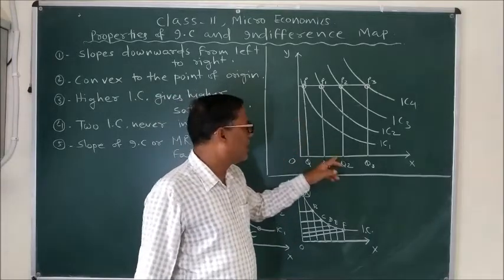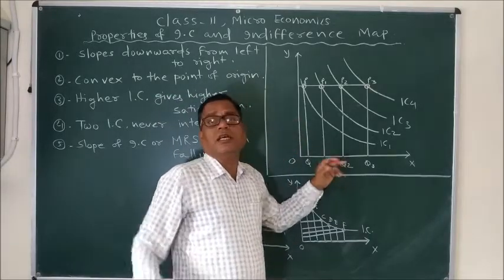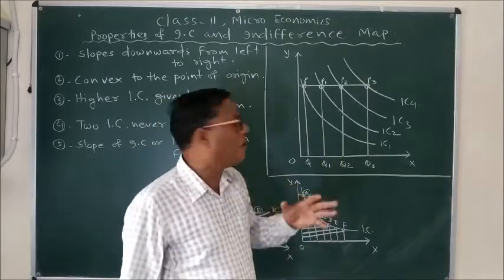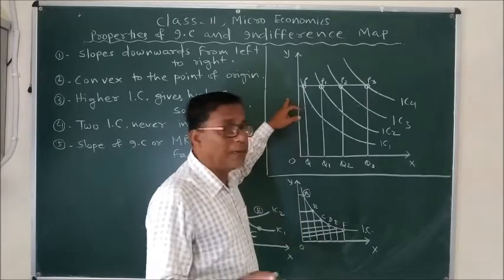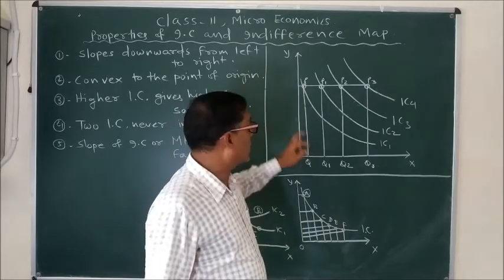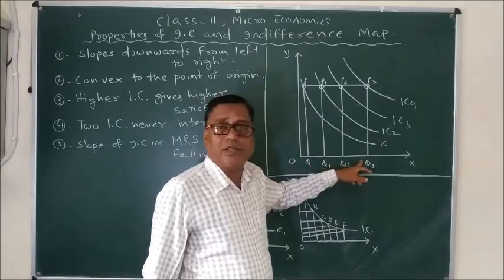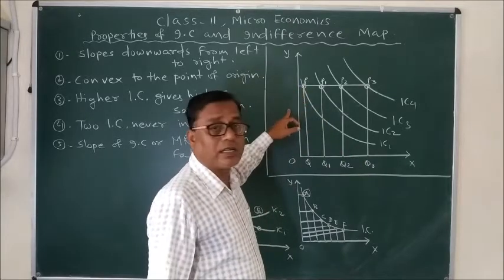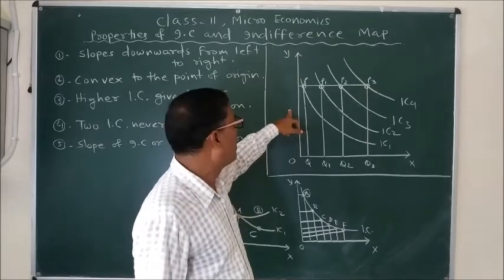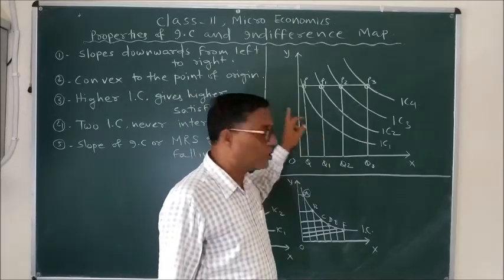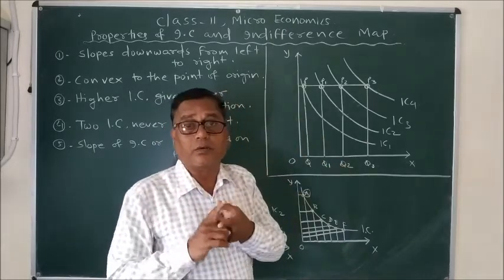So what is a negative relation? A negative relation means that, given the prices of X and Y and the income of our consumer being fixed, if our consumer is trying to increase the consumption of X, then he has to forgo or sacrifice some units of Y. That's why X and Y, both goods, are negatively related to each other.